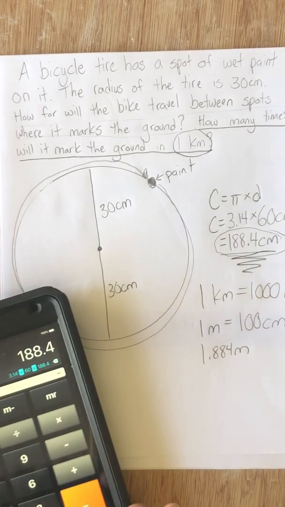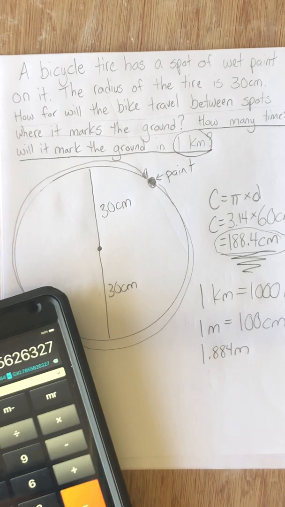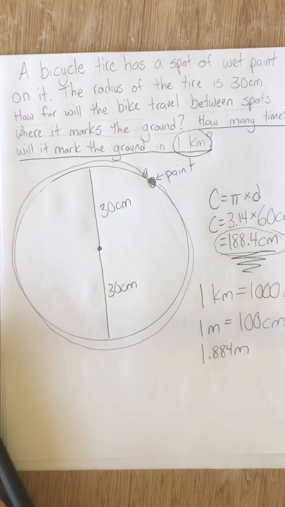So I divide 1,000 divided by 1.884 equals, there we go, 530.7. So it's going to mark the ground 530 times, and then it won't quite get all the way around to mark it a 531st time.